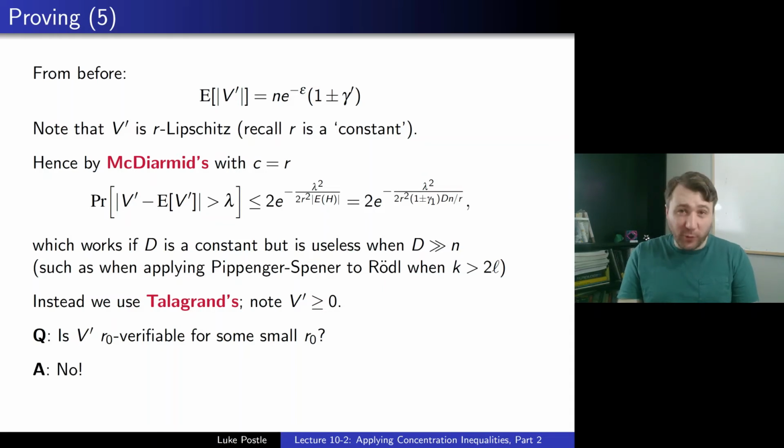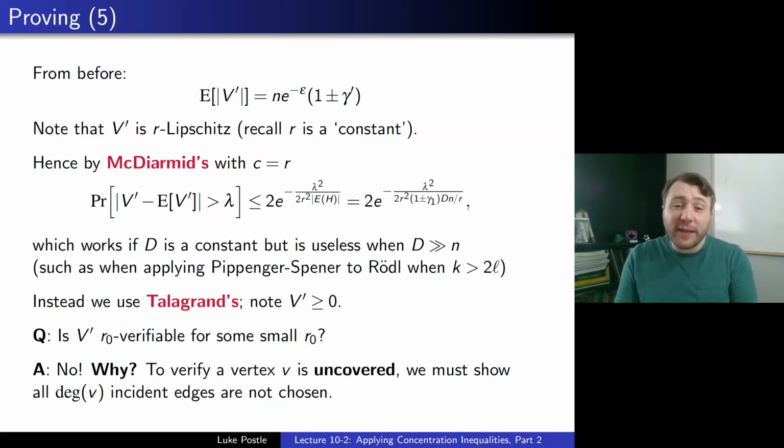The answer is no. So why is this? If you didn't come up with no, you might want to again pause the video and think through why this is not how it works. Well, to verify that a vertex V is uncovered, just think of one vertex, I would have to show you all the degree of V incident edges are not chosen, right? I have to show you each edge.